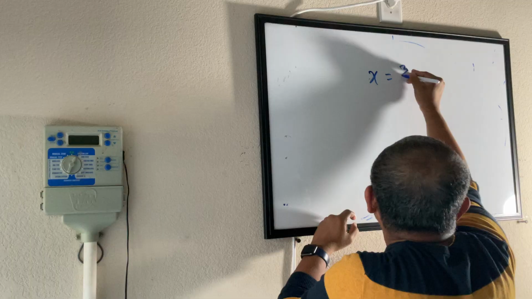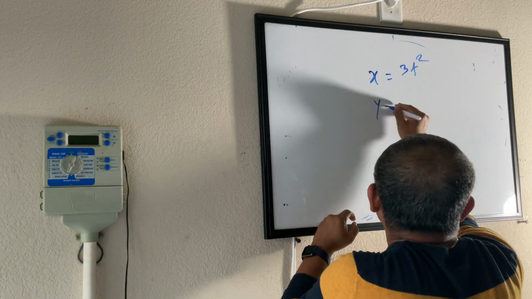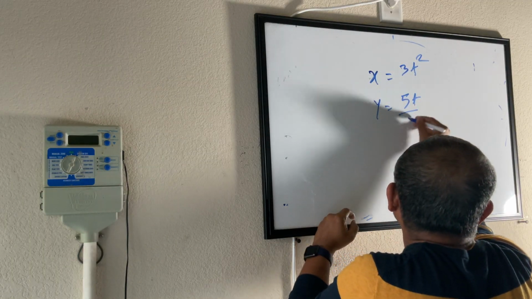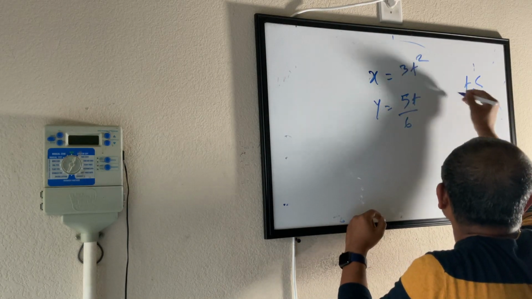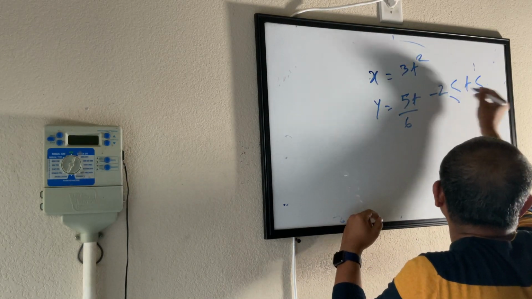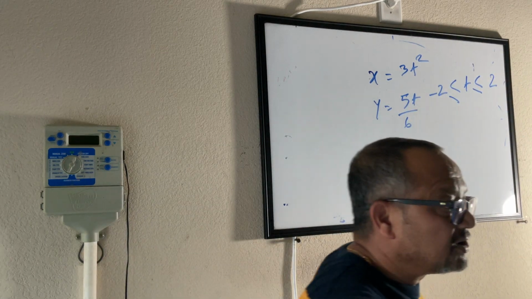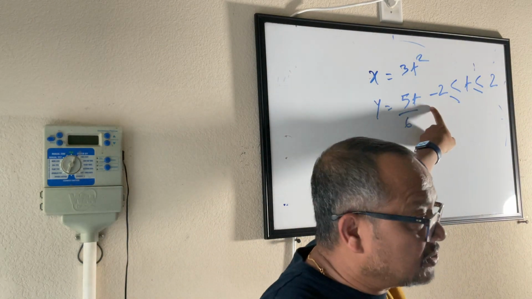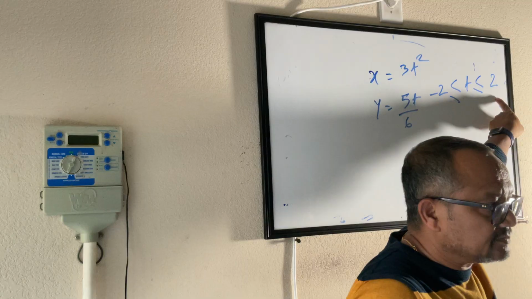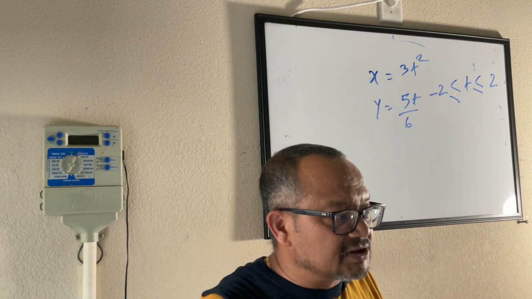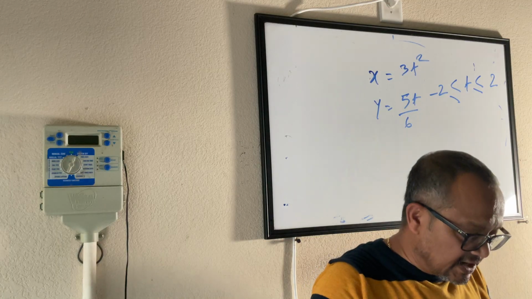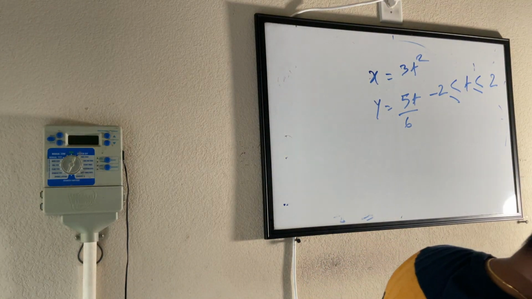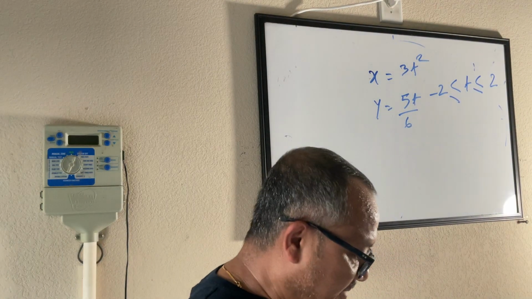If it says x equals 3t squared, y equals 5t over 6, it will say where t is ranging between -2 and 2. So you know that you are starting from -2 and going all the way up to 2. So your parametric equations always have a starting point and an ending point, and that is how you will see the definition of it.